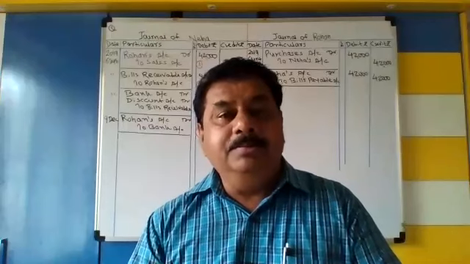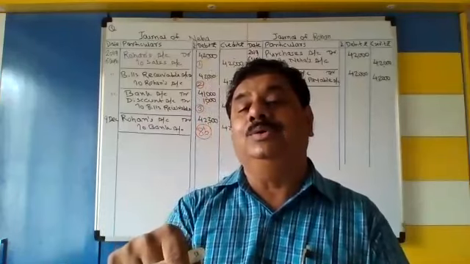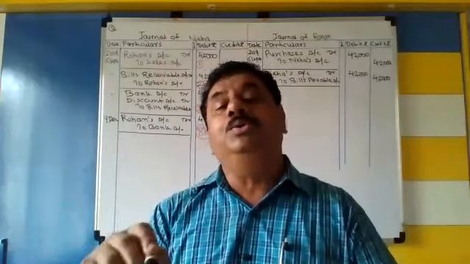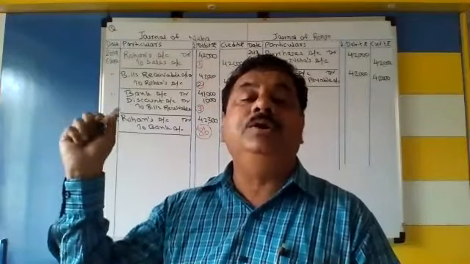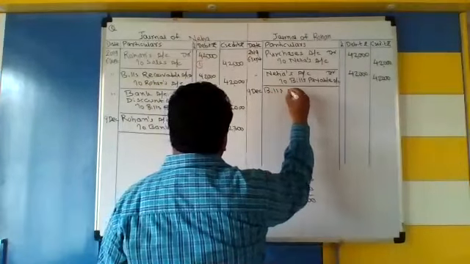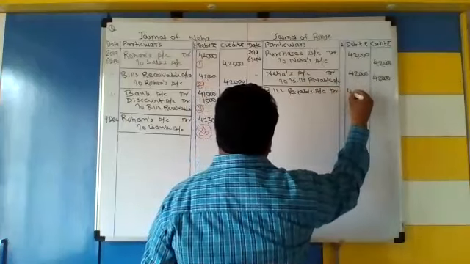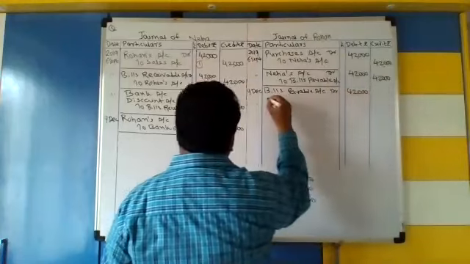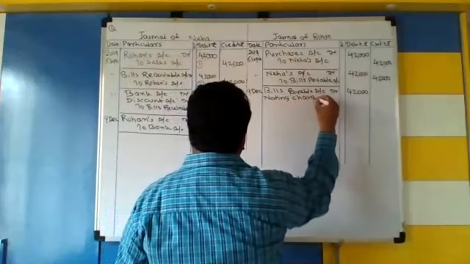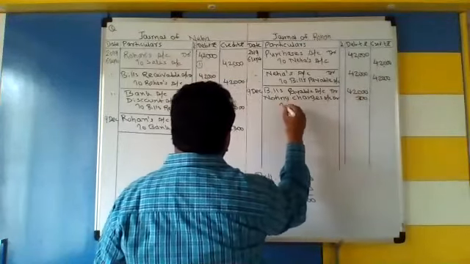In 8E, look in the drawee's book, in the second column. See what the entry is: bills payable account debit, noting charges account debit to drawer. Who is the drawer here? Neha. So the journal entry is like this: bills payable account debit, the bill amount is the same 42,000. Noting charges account debit, as noting charges are expenses to be borne and paid by the drawee.